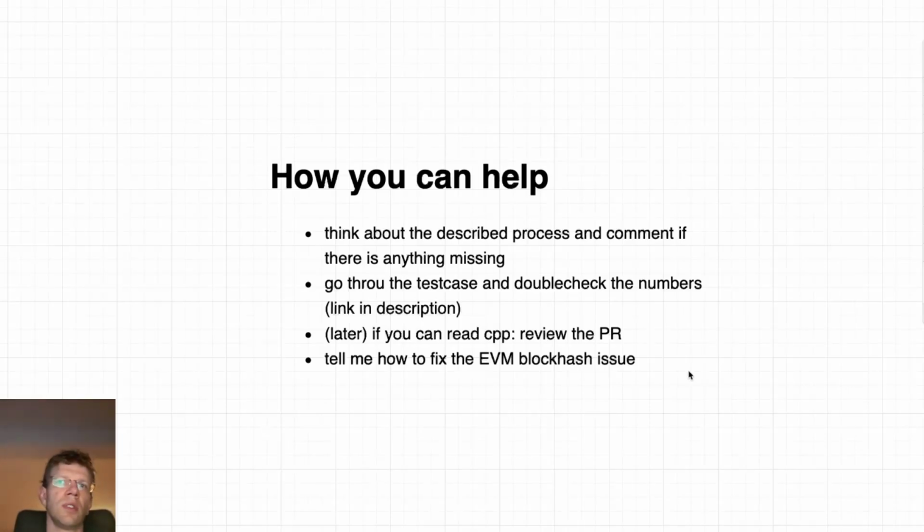So not now, but later on, once I announce on Twitter that, from my view, the code is done, or as far as I can go, the code is done, it would be great if someone could review the pull request and already point out issues or topics before the core team gets into it. And if anyone knows how to fix that EVM block hash issue, please feel free to reach out and tell me about it.